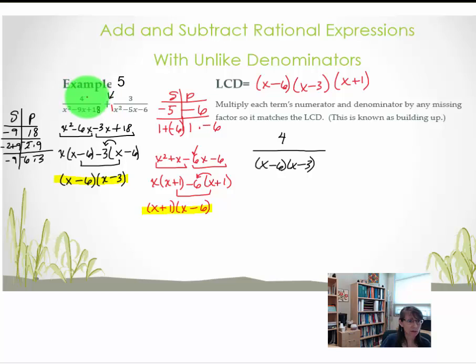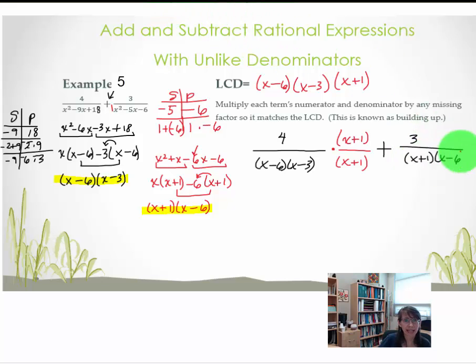So our first term, remember we rewrote that one already. It has these 2 quantities, so I have to build up with the one that's missing. It looks like quantity x plus 1 is the missing quantity. Then we have addition. So our second term here, we have 3 in the numerator. Our denominator, remember how it factored? Quantity x plus 1, quantity x minus 6.